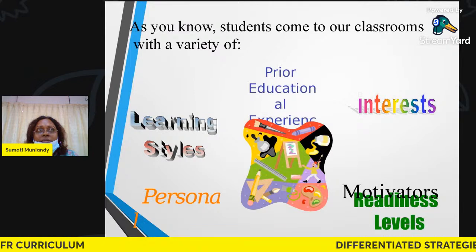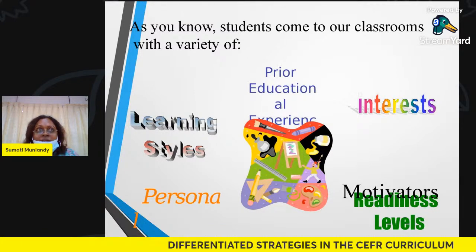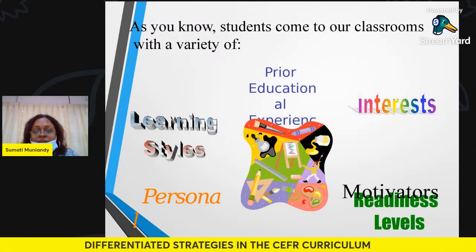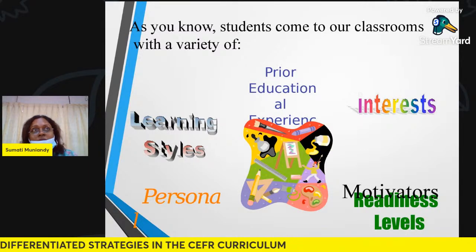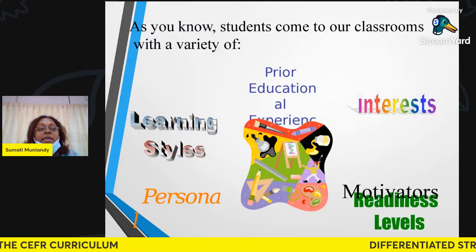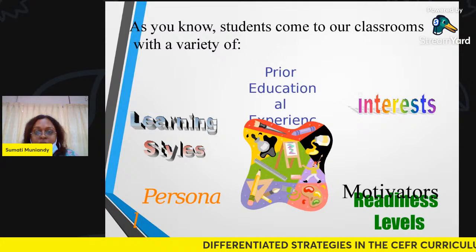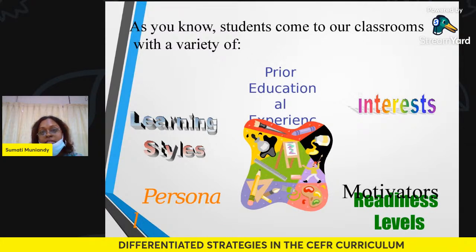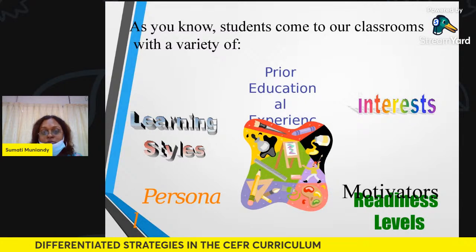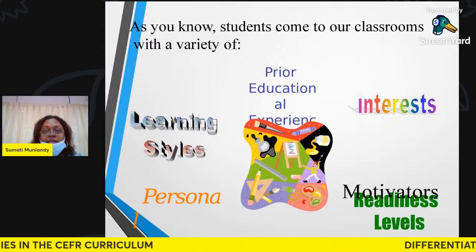When we talk about the teaching of English, students get bored because some are not keen on our method, so we have to diversify our method by using differentiated strategies in the classroom. You must know your students, their background especially, and also their learning styles.